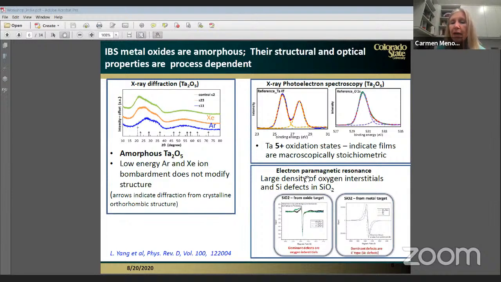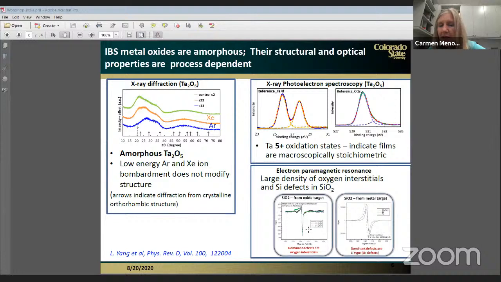We also carried out electron paramagnetic resonance experiments, and these experiments allow us to detect different types of defects. So I give an example here of silicon dioxide that was deposited from an oxide target.